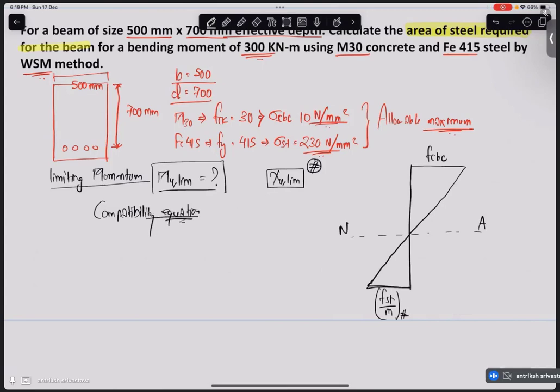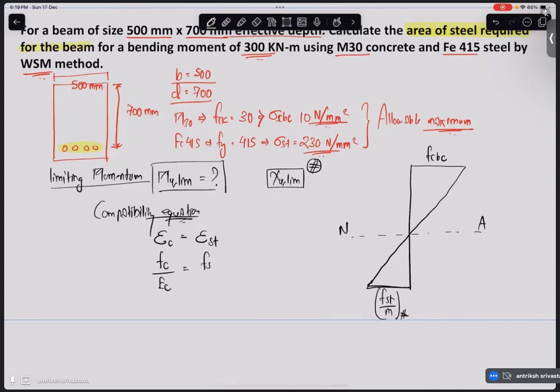What is the compatibility equation? This equation states that the strain in concrete will be equal to the strain in steel at the point where they both are present, at the point of reinforcement. So the strain is nothing but stress divided by your modulus of elasticity. So it is nothing but Fc divided by Ec.